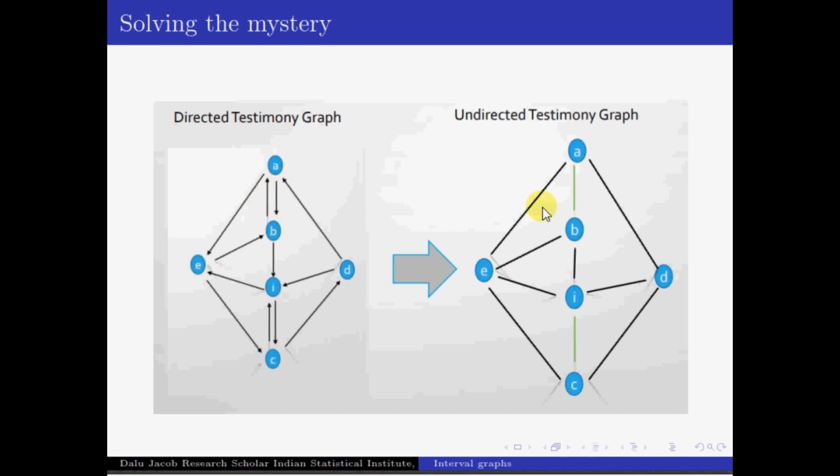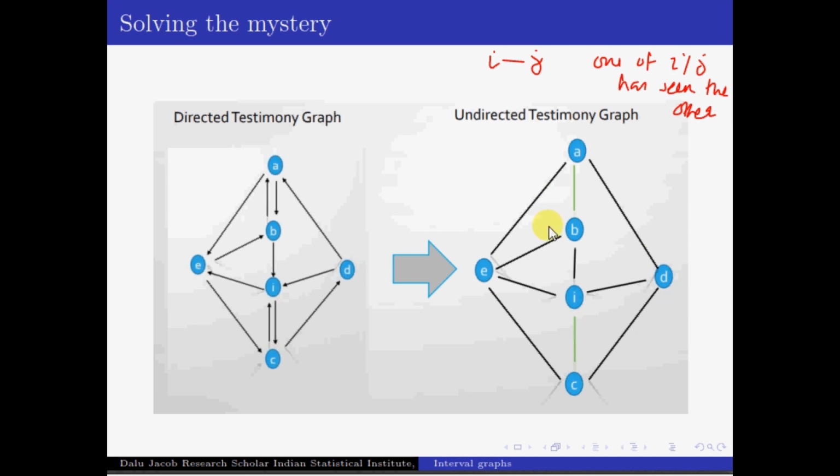So in the undirected testimony graph, whenever there is an edge between I and J, it means that one of I or J has seen the other. In other words, either I has seen J or J has seen I, then there will be an edge between I and J. This is what you call an undirected testimony graph.